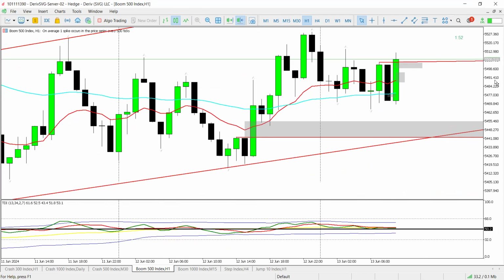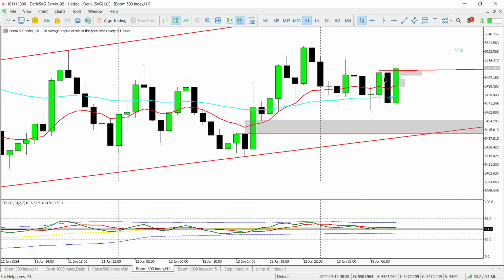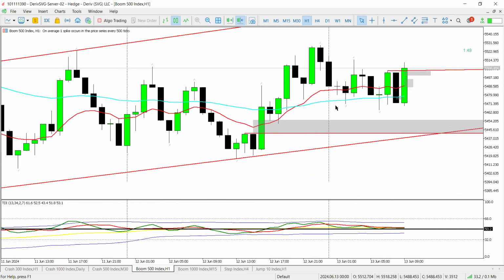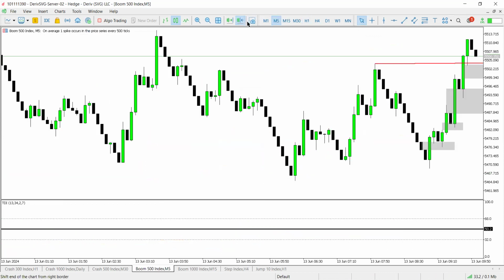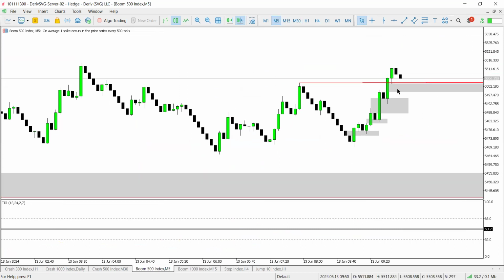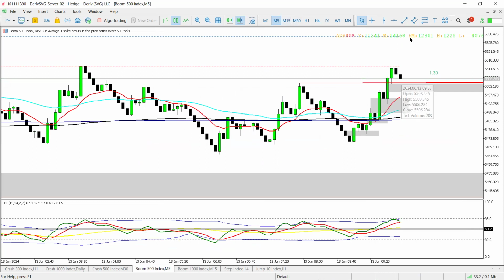One of those two things will happen. H1 is also closing nicely. This is a nice close above the 13. The 50 EMA is acting as a nice support zone right in the center of this channel. So yeah, if we can just pull back a little bit into this gray zone, I'll be taking longs.